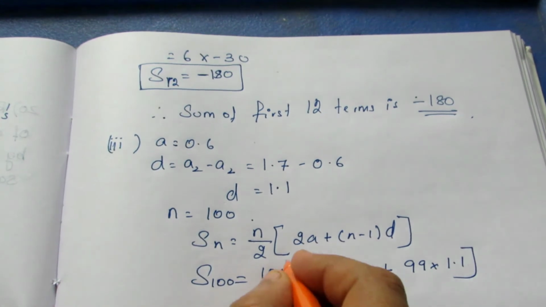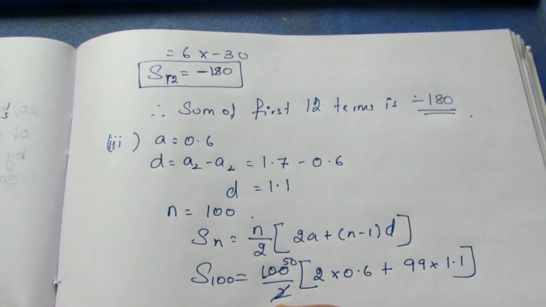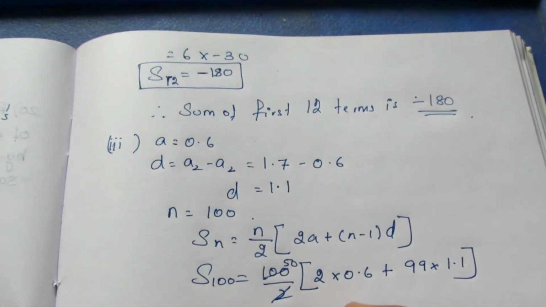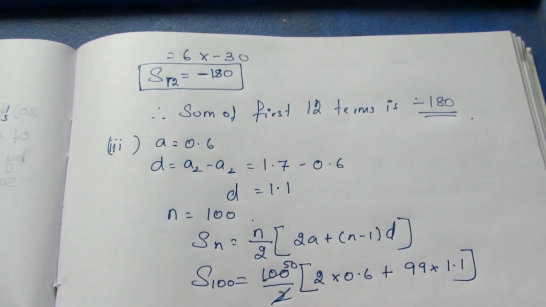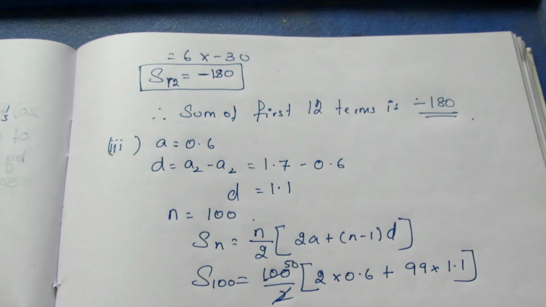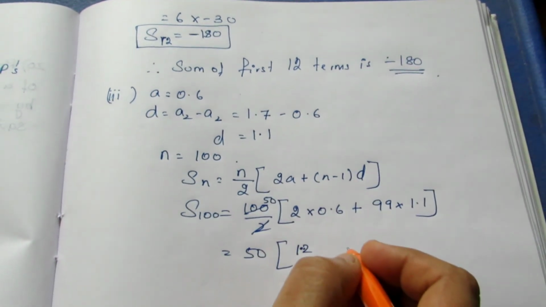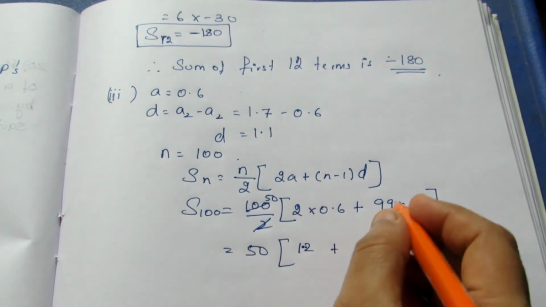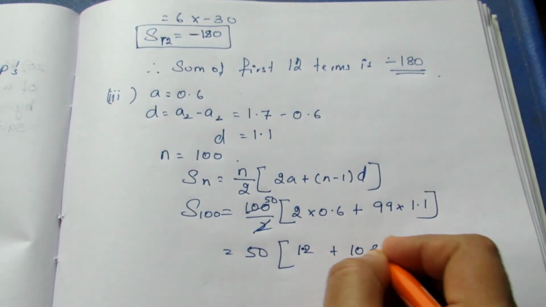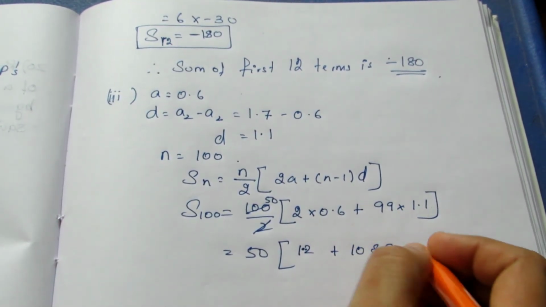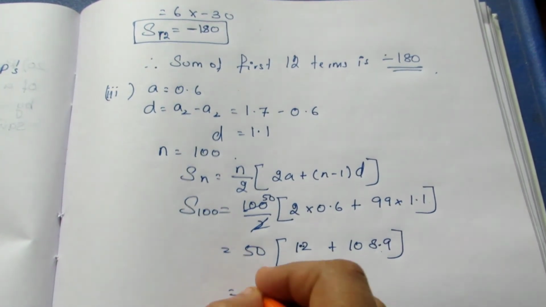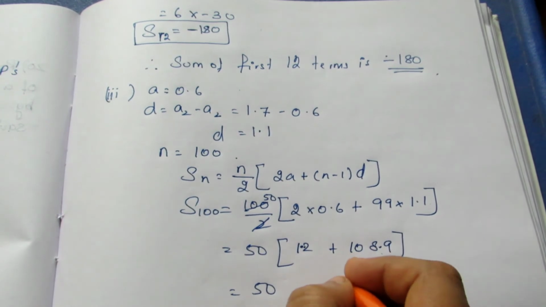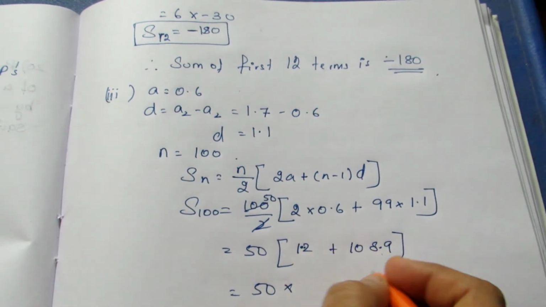Here we can cancel. It becomes 50. So 50 into, here 6 2s are 12, 1.2. After one number we need to keep a point. So 1.2 plus here 99 into 11, 1089. Before one number we need to keep a point. You can add 5, 9 plus 11.